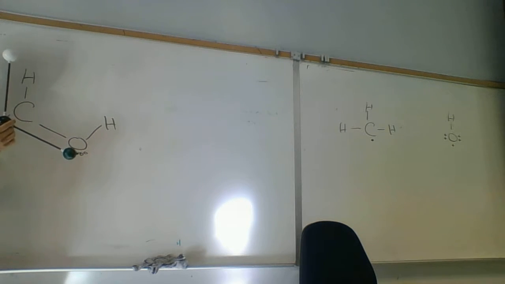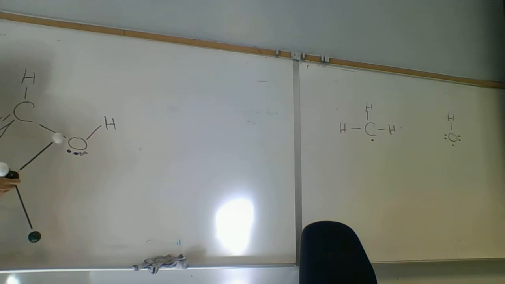If we look at this first carbon here, the CH3, what shape is it? Tetrahedral. The HCH bond angle should be about 109. The HCO bond angle should be about... no, because we just said that this is tetrahedral.